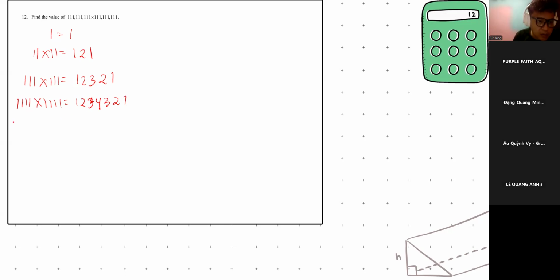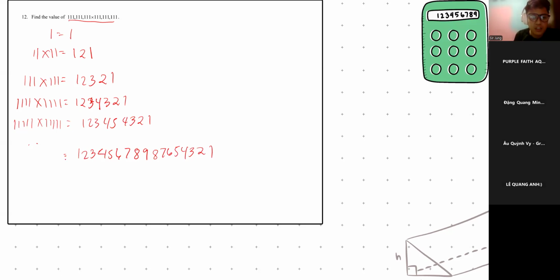And then the next one, 11111 times 11111 is 123454321. Okay? So meaning, since we have 9 numbers here, we can safely say that the answer should be 12345678987654321. And that should be the answer.